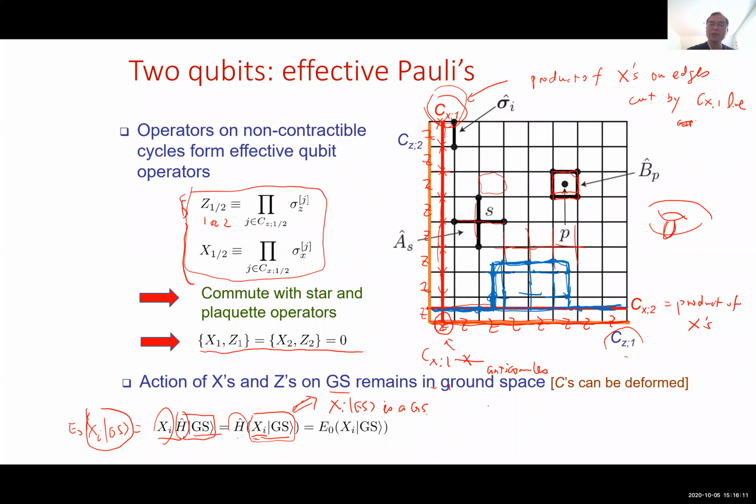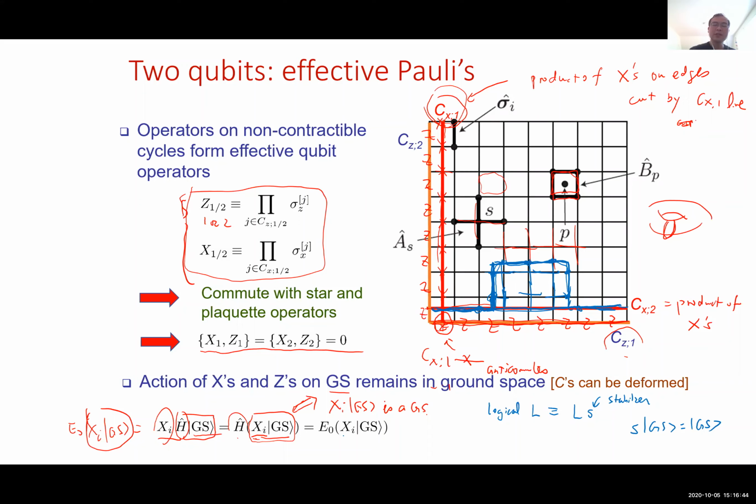So what I'm saying is if you have a logical operator L times any stabilizer operator S, they are equivalent. Logical L is the same as logical L times the stabilizer, because S acting on the ground state does not change it.